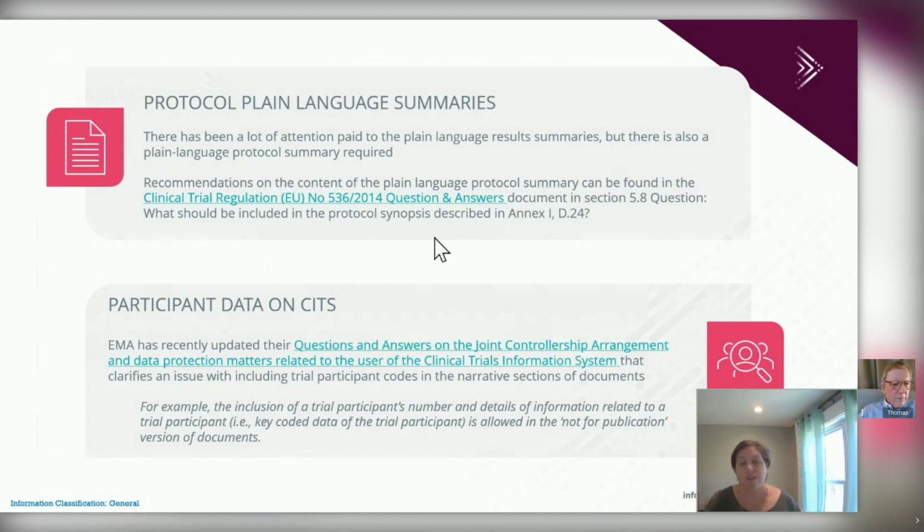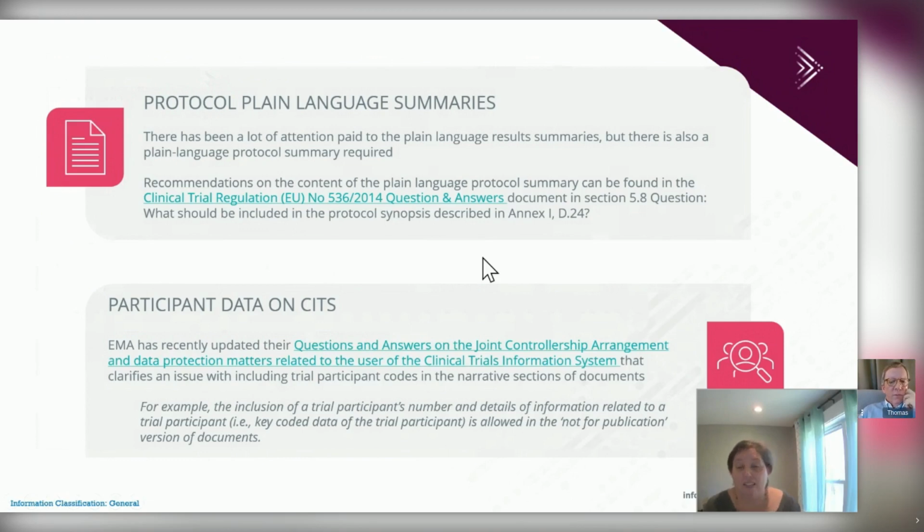When you open it up, it says version 5. But there is section 5.8, and the question is what should be included in the protocol synopsis described in Annex 1D24, and it does have a listing of the sections that should be included in your protocol summary. This is a fantastic document that you will go back to again and again as you're going through your process.